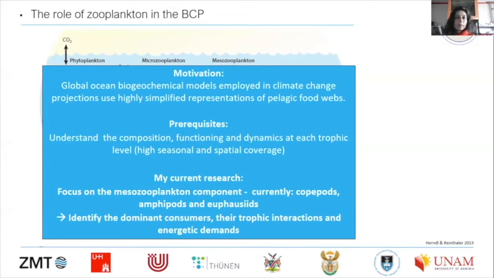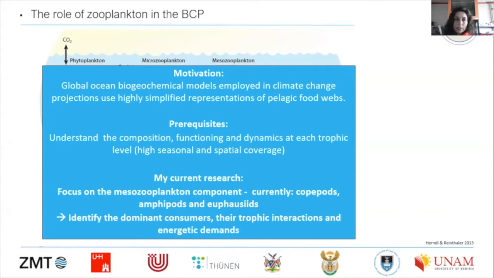So what is the motivation behind studying all these components of the biological carbon pump? The global ocean biogeochemical models employed in climate change projections currently use highly simplified representations of pelagic food webs. So to improve these predictive models, there are certain prerequisites.